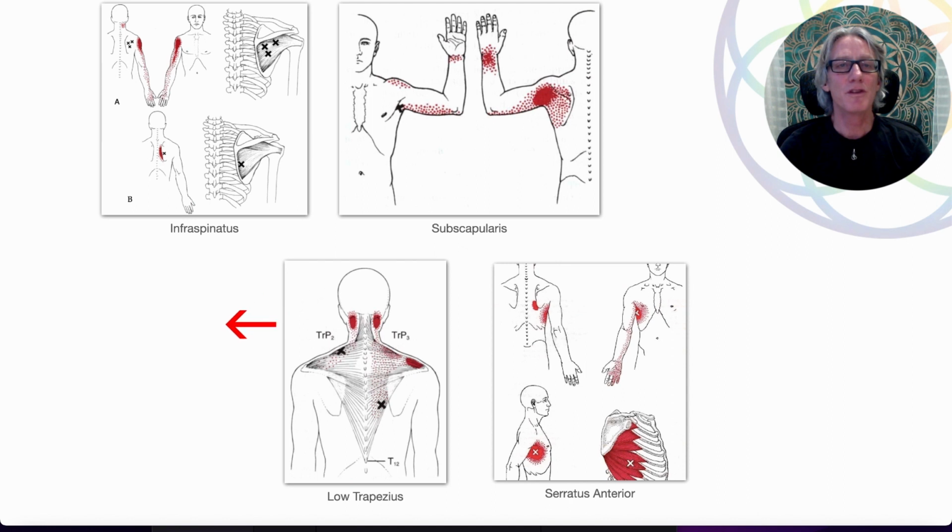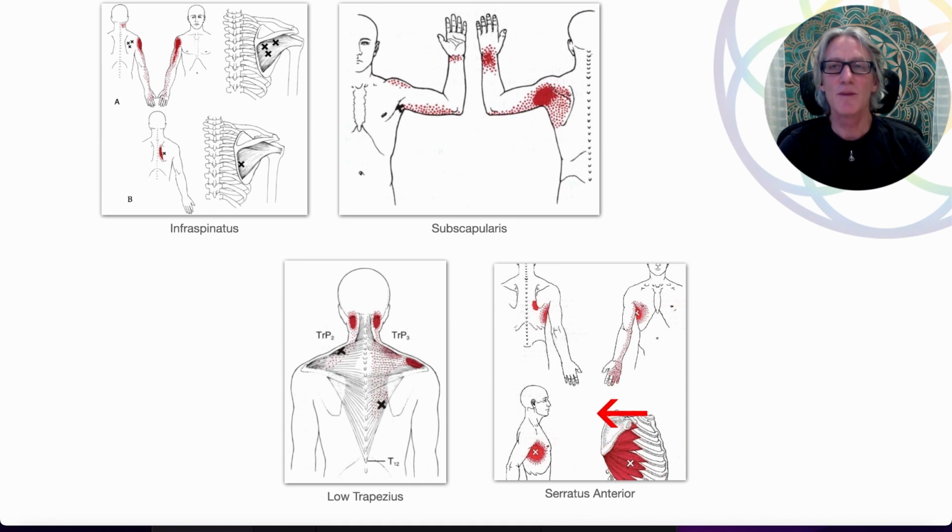Previously I showed the infraspinatus muscle, which is the primary direct cause of anterior shoulder pain, and the subscapularis muscle, which is the primary source of posterior, back of the shoulder pain. The thing is, these muscles might be the direct referrals, but they're set up by the scapular stabilizers.